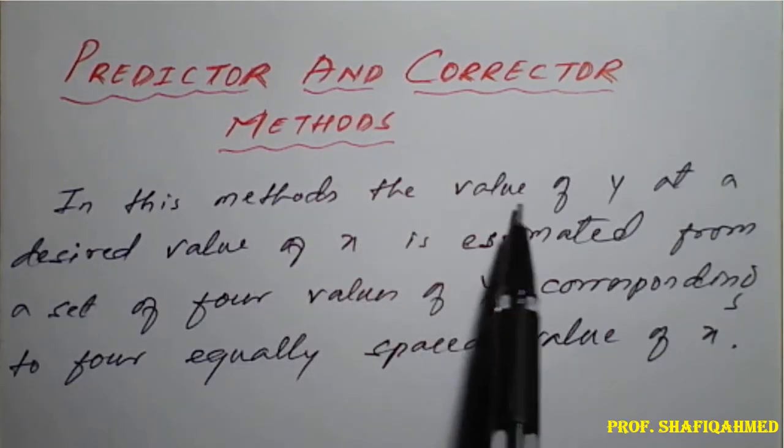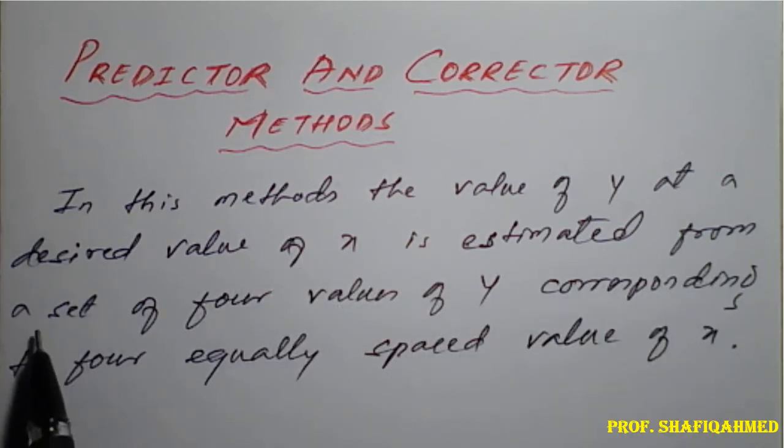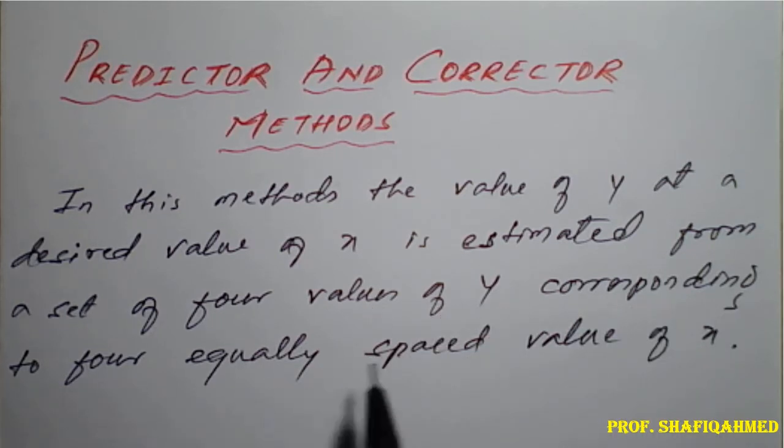In this method, the value of y at a desired value of x is estimated from a set of 4 values of y corresponding to 4 equally spaced values of x. These 4 values may be readily available or be generated using the given initial condition by any numerical method which we have already discussed earlier, either by Taylor series method or Picard's method.